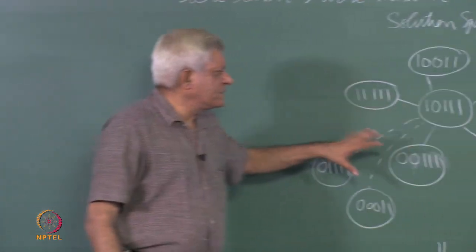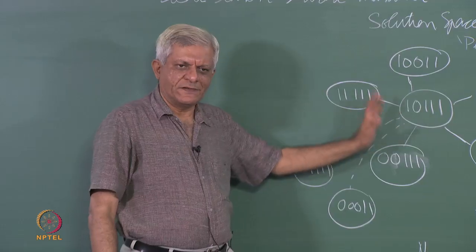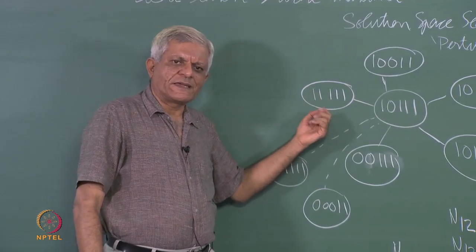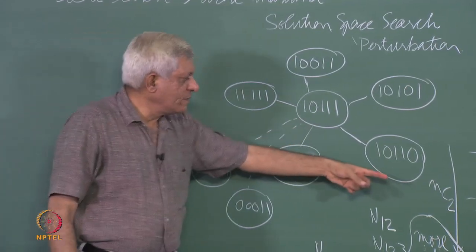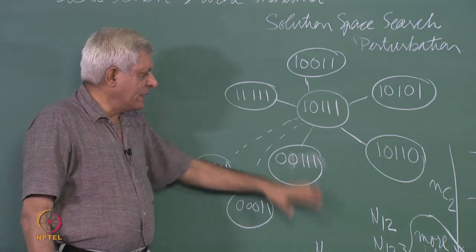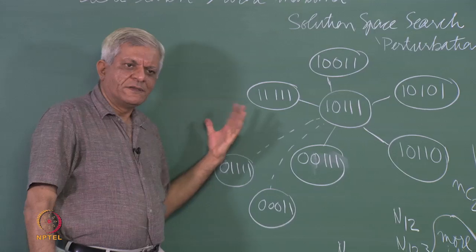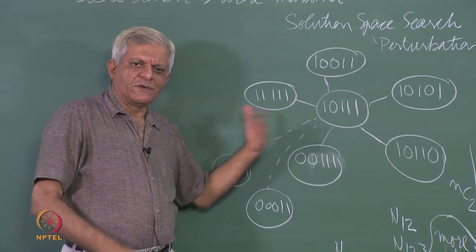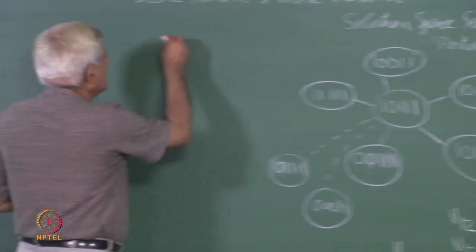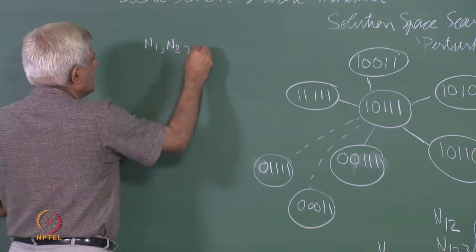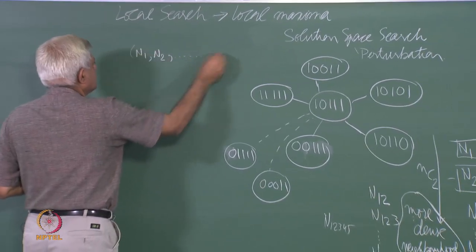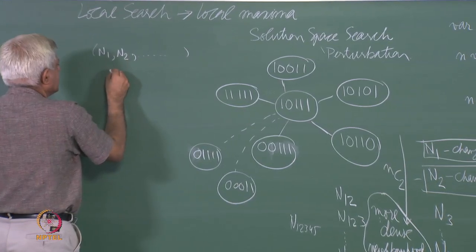The simplest or the most sparse is n1, which I can get by changing only 1 bit, and then I can get n2 which has 10, then I can get n12 which has 10 plus this 5 which is 15, and so on. I can create a sequence of neighborhood functions n1, n2, which is increasing density.